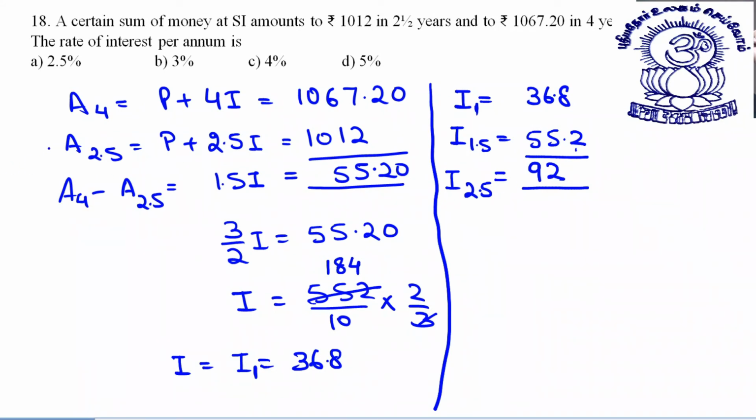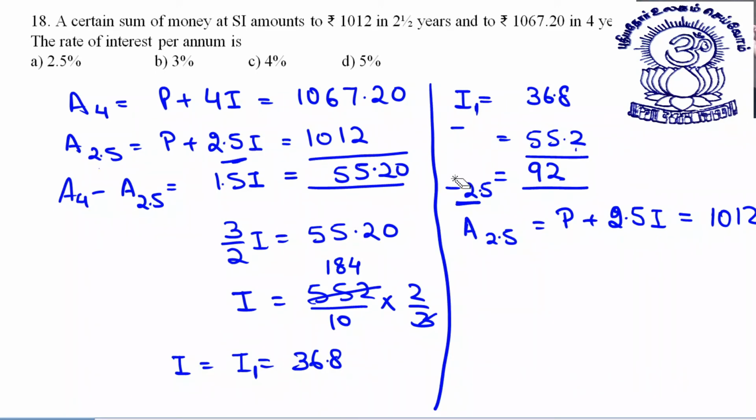If I use this equation again, A 2.5 is equal to P plus 2.5i, that is equal to 1012. This thing and this thing are the same. I should rather write it in the previous manner so that people don't get confused.